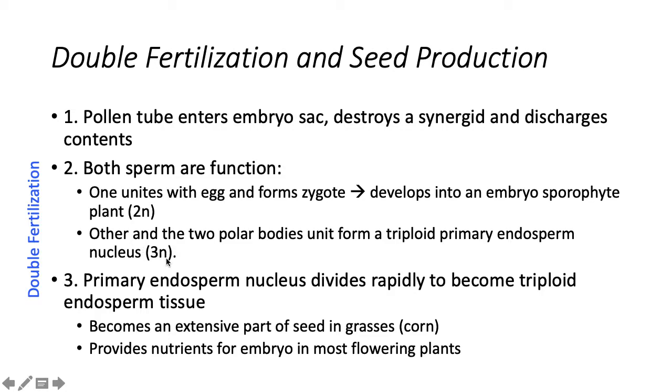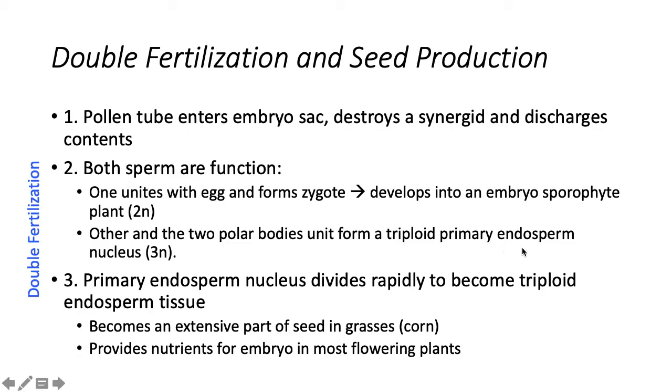So it's triploid, and this is diploid. This is why they call it double fertilization. You have two sperm, one will fuse with the egg, the other will fuse with those two polar bodies.